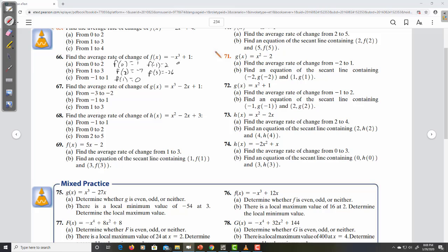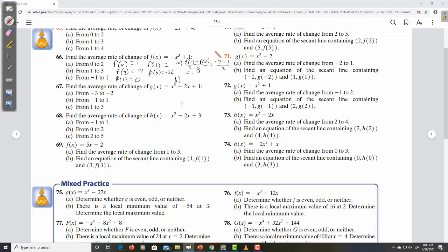So A would be f of 2 minus f of 0 over 2 minus 0, which would just be f of 2 is negative 7, f of 0 is 1, 2 minus 0 is 2, it's negative 8 over 2, that is negative 4.